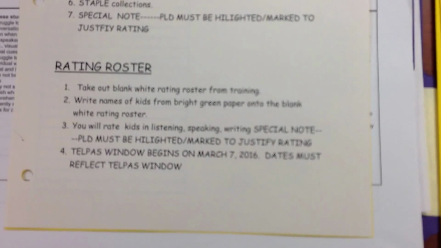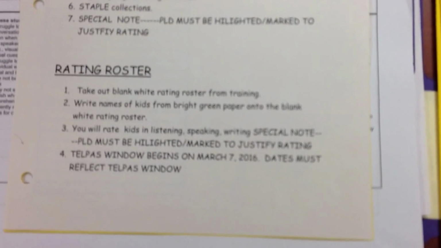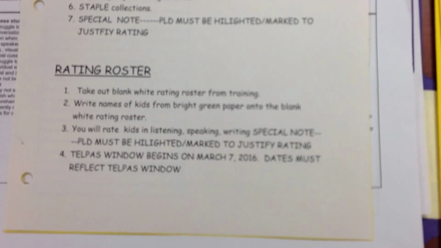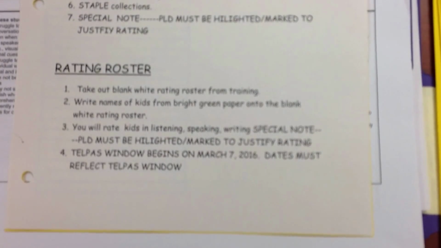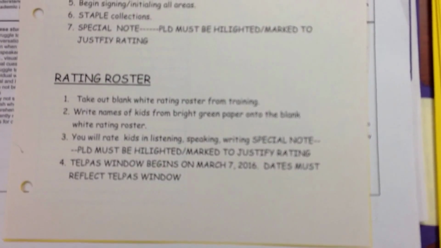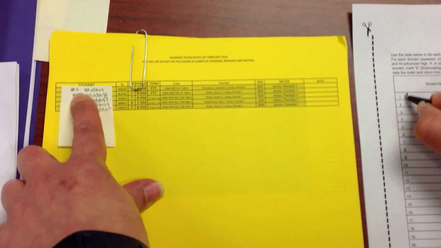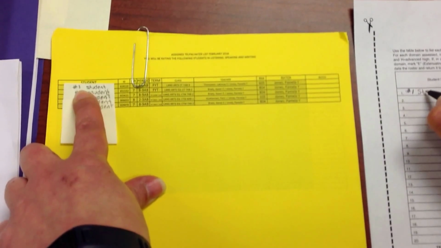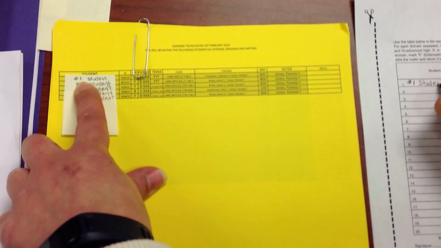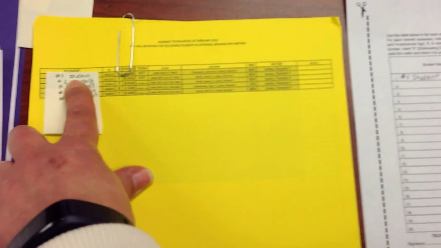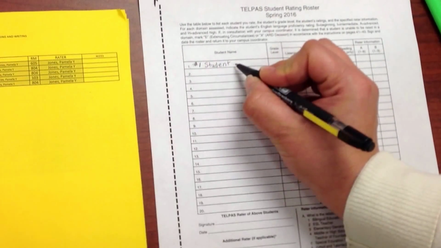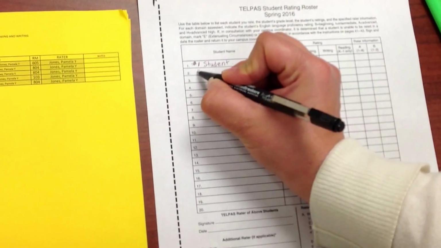For training purposes, we are going to show you a different color paper, but you have been provided, step 2, you're going to write the names of the kids from the bright green paper onto the blank white rating roster paper. So as you can see, you have the yellow paper. On yours it will be the bright green paper, and you will write that student's name onto your white student rating roster.